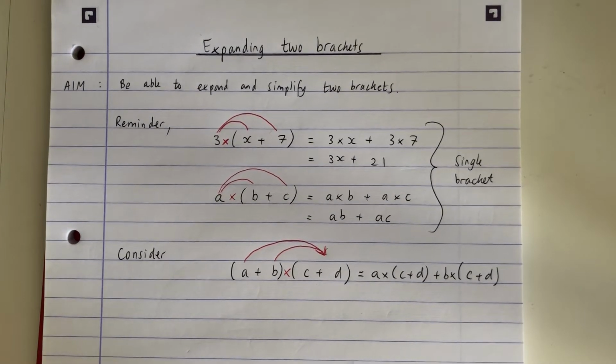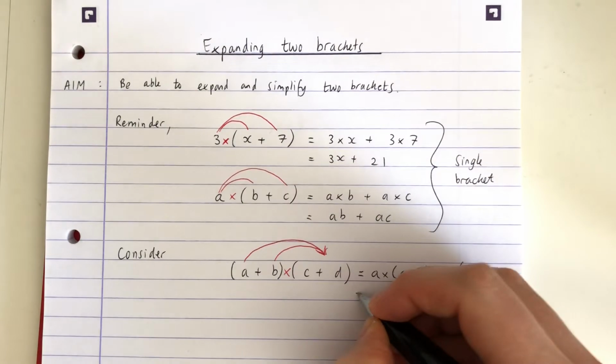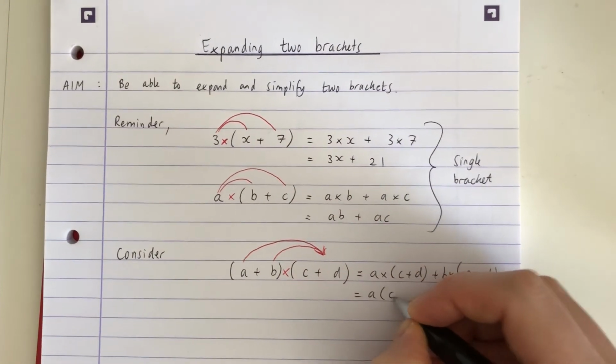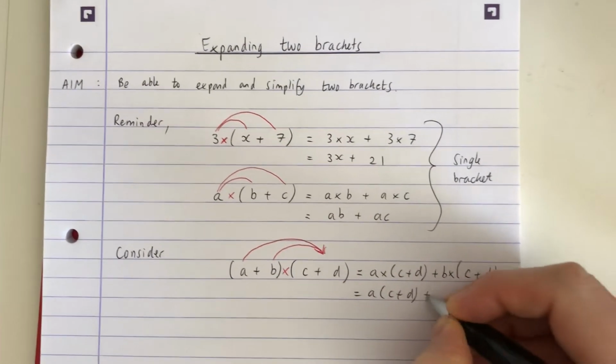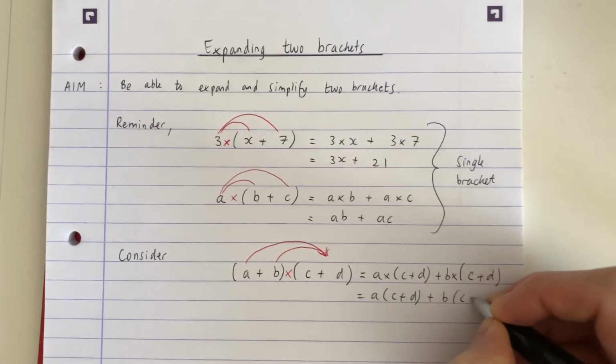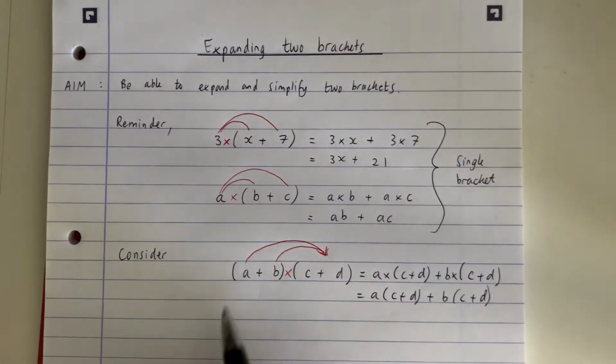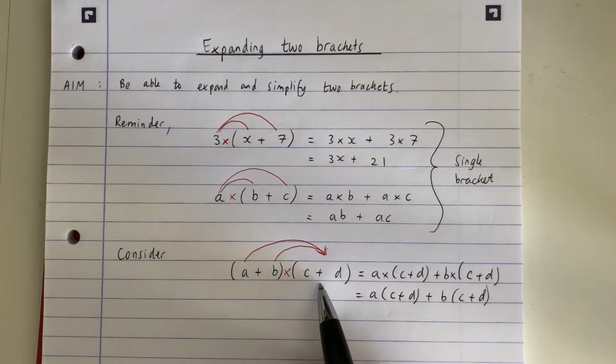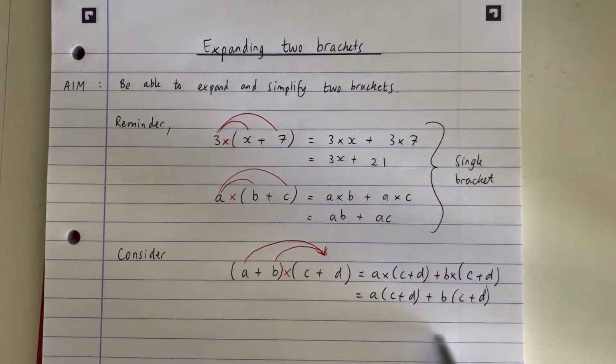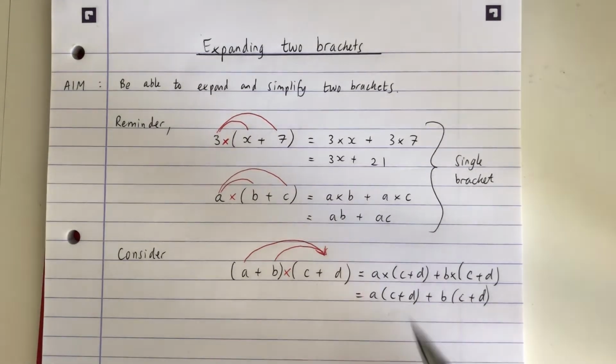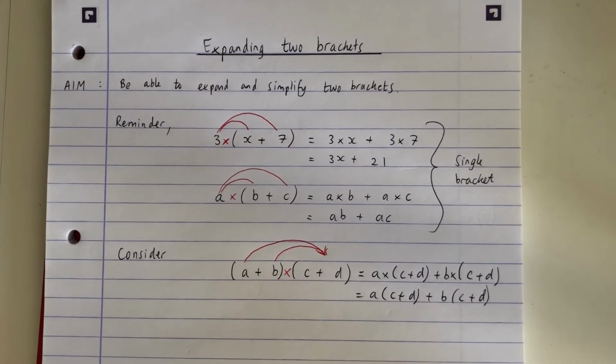And that's pretty much the main step for this. You could write that a little bit simpler: a brackets c plus d plus b brackets c plus d. First number times the second bracket, second number times the second bracket, and then we've got two single brackets which we can do the same as above.